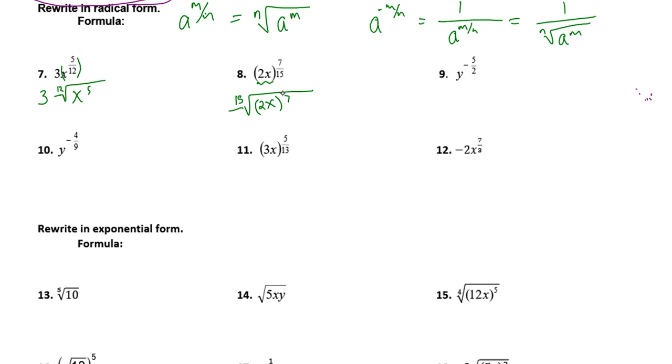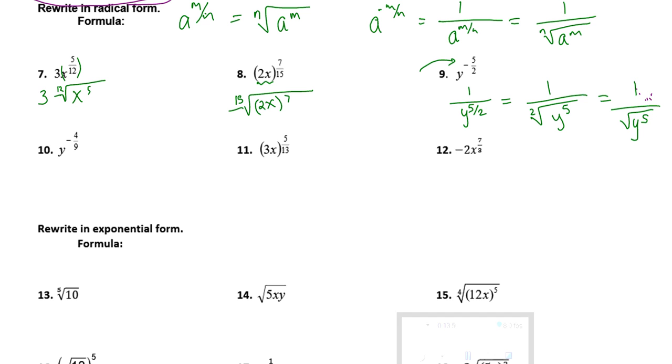inside. Okay, this one's got a negative, so it's going to be a fraction. Move it over to the other side, it becomes positive, and then it's 1 over 2 out here. You don't have to write the 2, it's usually not written. So we get 1 over square root of y to the 5th. Same idea here, it's negative, so we're going to move it to a fraction.